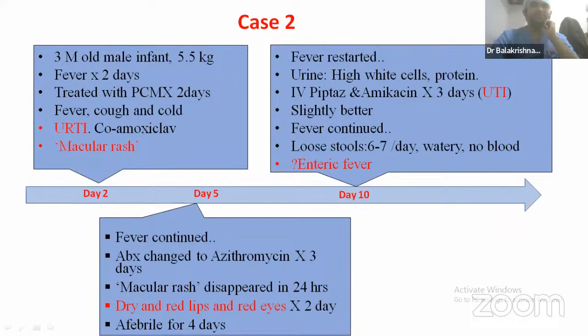But here the child was afebrile in between. The fever continued, he was afebrile for 5 days, and again the fever restarted. So this is a new onset fever. MISC could be one possibility. PUO also can be one possibility. Any other? Hospital acquired. Okay.